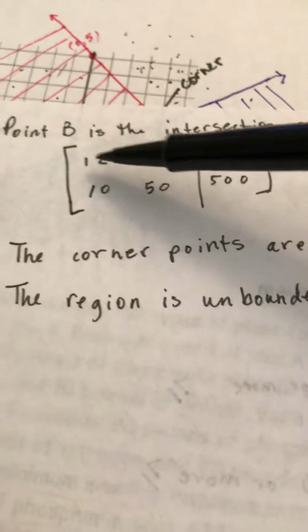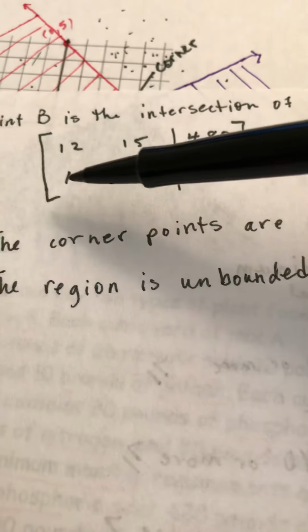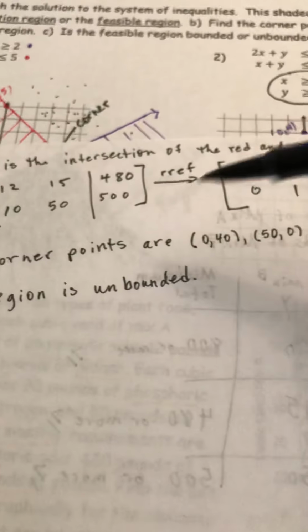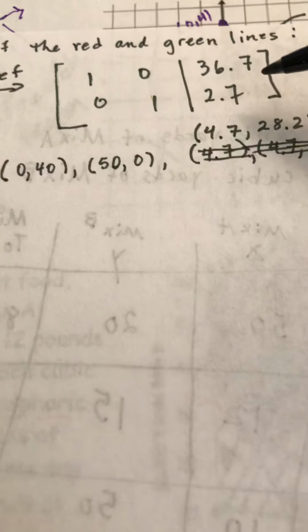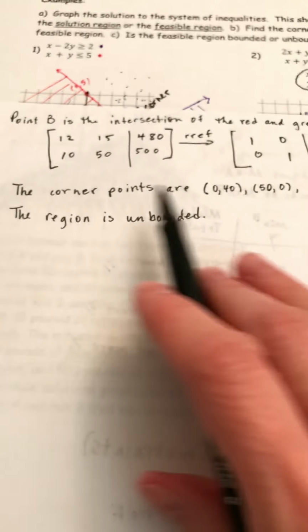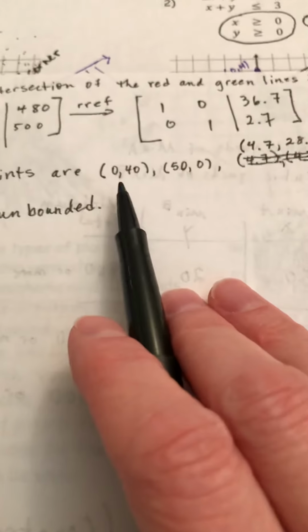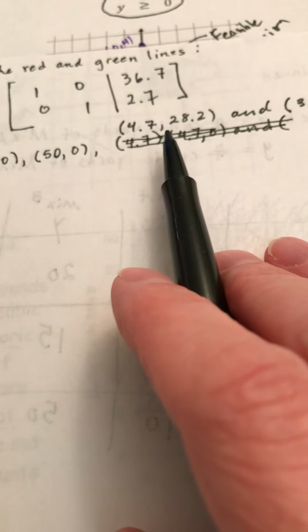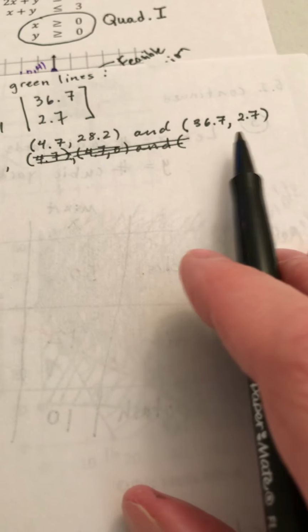So I took the red equation and the green equation, did RREF, and got 36.6, 2.7. And now I have the corner points are 0, 40, 50, 0. I had trouble writing that, sorry about that. 4.7, 28.2, and 36.7, 2.7.